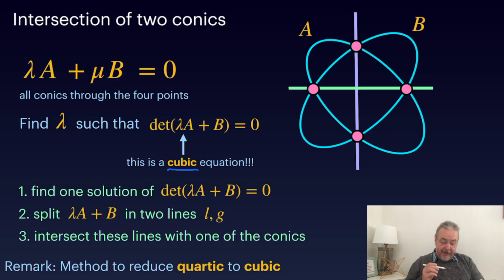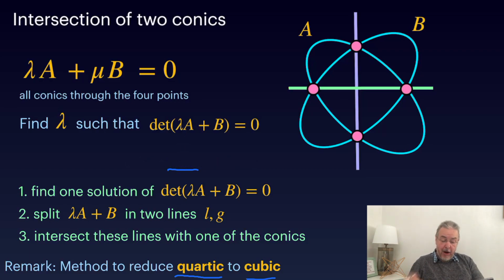And actually what we did here is we found a way of reducing a quartic to a cubic equation, and actually it's easy to express a general quartic as the intersection of two conics. Actually you can use a circle and a parabola to make that, and by that you can really reduce the more complicated problem of solving a quartic to the simpler problem of solving a cubic.